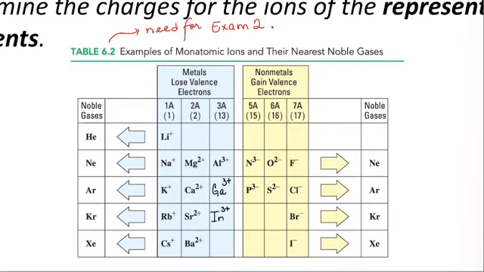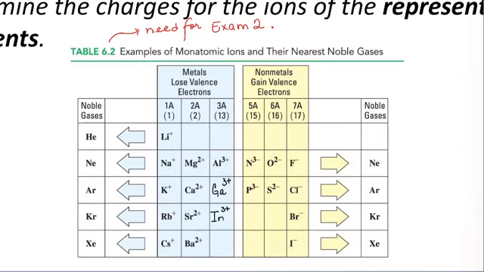Now, let's proceed to the elements that are in the periodic table that live in group 5A, 6A, and 7A. So from group 5A, then we have nitrogen and phosphorus. They need to gain 3 electrons. That's why you see the 3 negative charge on them.